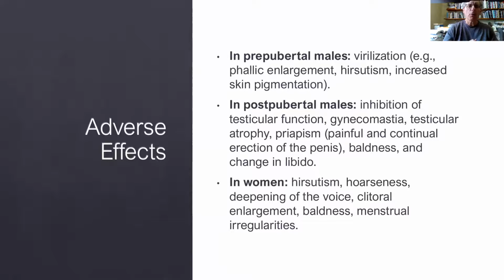In post-pubertal males: inhibition of testicular function, gynecomastia, testicular atrophy, priapism, baldness, change in libido. In women: growth of facial hair, hirsutism, hoarseness, deepening of the voice, clitoral enlargement, baldness, irregularities of the menstrual cycle.